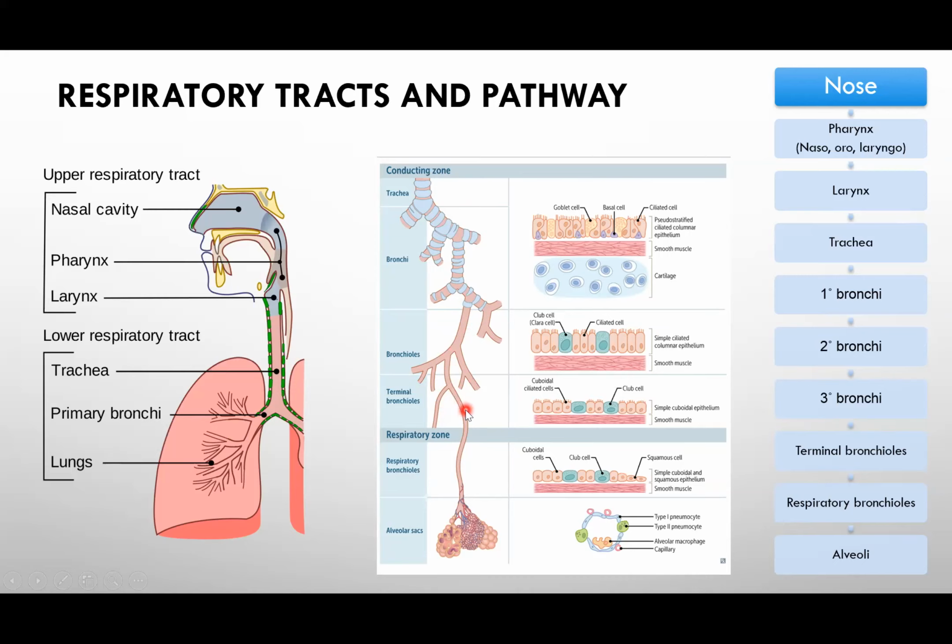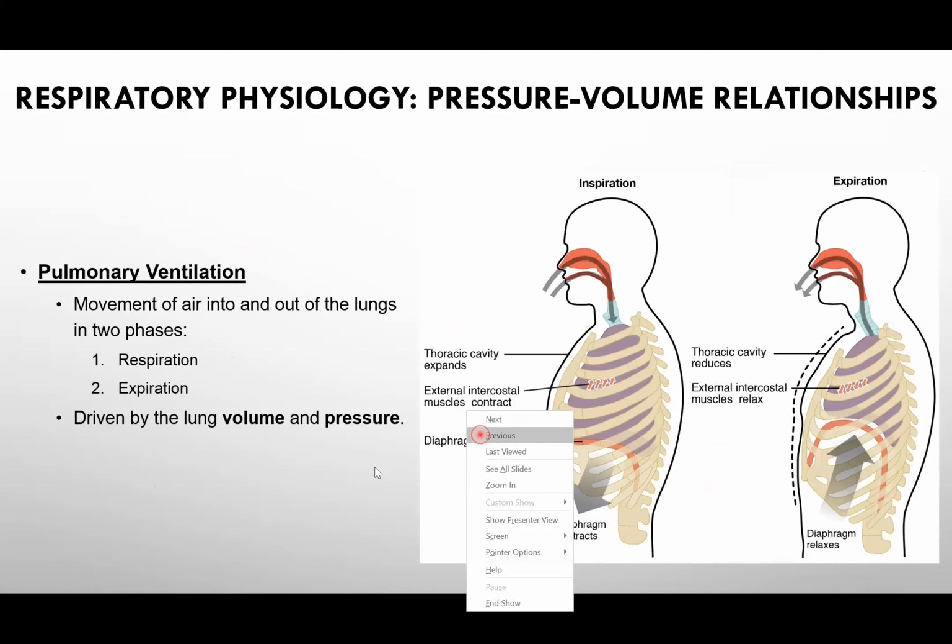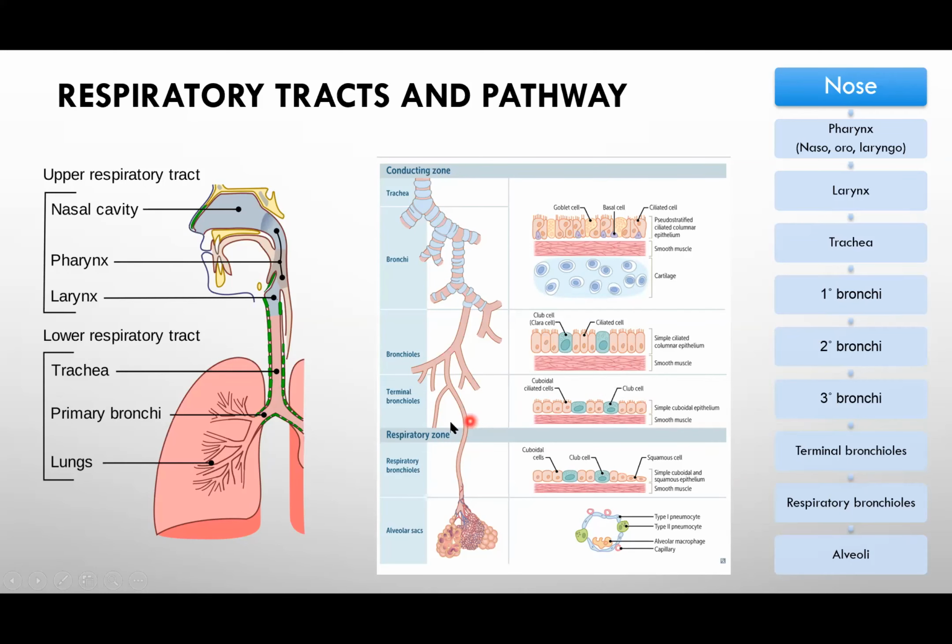The terminal bronchioles are going to split and give way to the respiratory bronchioles. And finally, the alveoli. So that's the pathway that air takes from the moment it enters your respiratory system all the way down to the alveoli. And then it would go from here all the way back up for the breathing out phase.